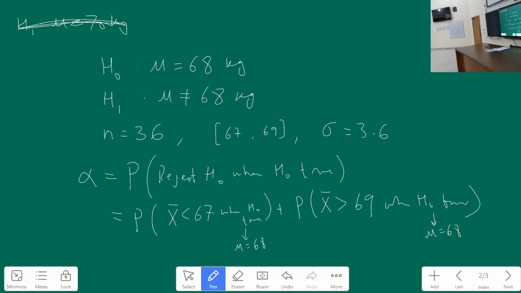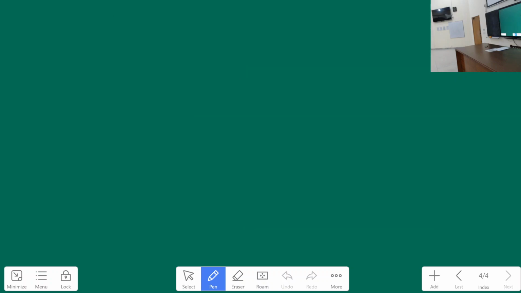Now, to calculate these probabilities, we'll need to talk about the distribution of x bar when H naught is true. So let's look at this world where H naught is true. That is, the true mean mu is in fact 68, equal to your guess.